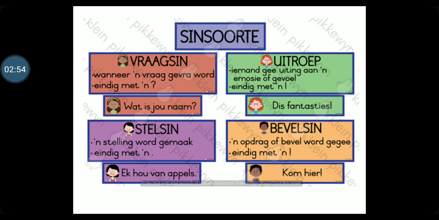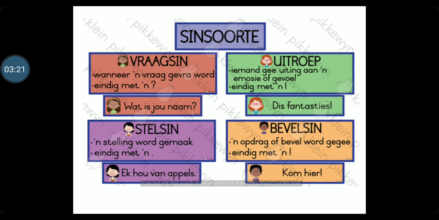Then the second one is 'n uitroepsin. So this is obviously an exclamation sentence. Now there is always an exclamation mark at the end, 'n uitroepteken. Then we have a stelsin, or a statement sentence. So this is whenever a statement is made of 'n stelling word gemaak, it always ends with a full stop.